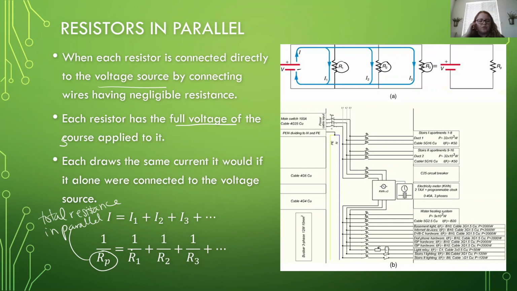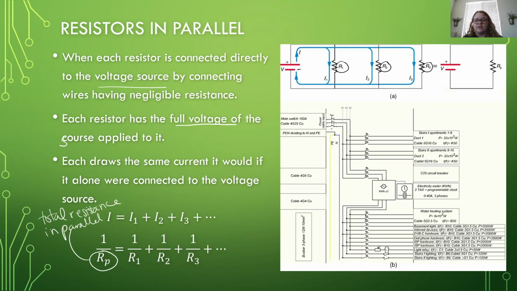That's what the little p is for, parallel. So the inverse of that value is equal to 1 over R1 plus 1 over R2 plus etc. Again, this is due to some details that I left out, but feel free to look at them in the textbook.